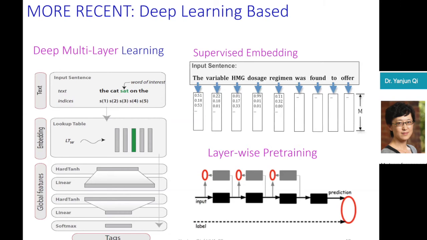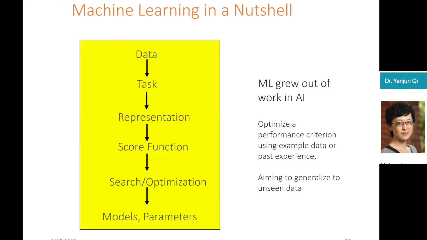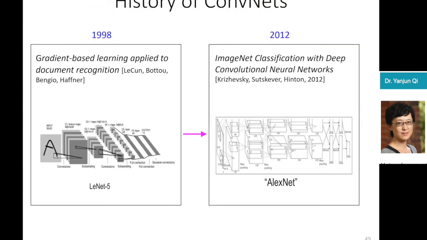Then there is the recent deep learning based approach: multi-layer learning, supervised embedding, and layer-wise pre-training. To again emphasize 2012, this era starts with AlexNet, almost the same as the 1998 LeNet-5 that Yann LeCun invented.